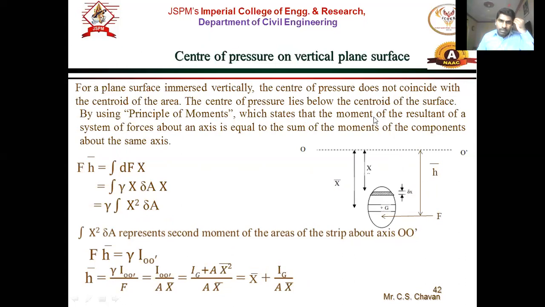Now what is the principle of moments? It states that the moment of the resultant of a system of forces about an axis is equal to the sum of the moments of the components about the same axis. So in short, this total pressure F into the depth h bar is the resultant moment, and we have to equate this moment with the sum of the moments of the components, right? The sum of moments of components means that is the integration.